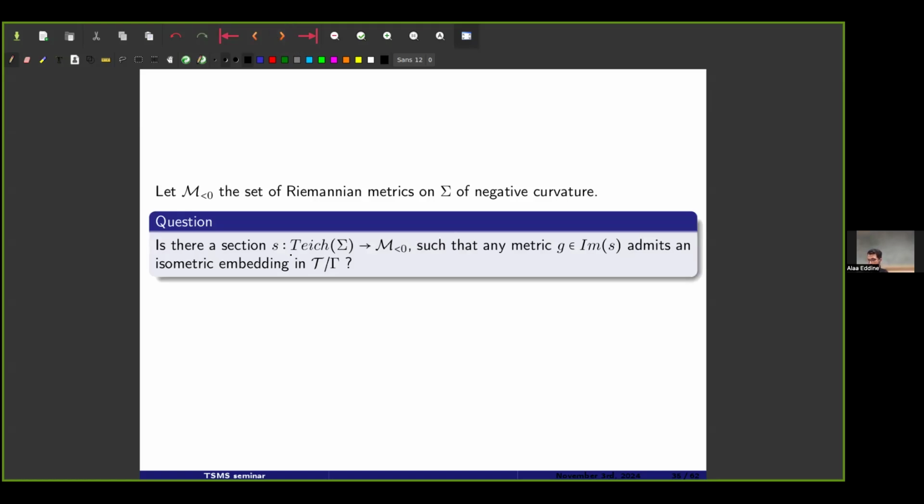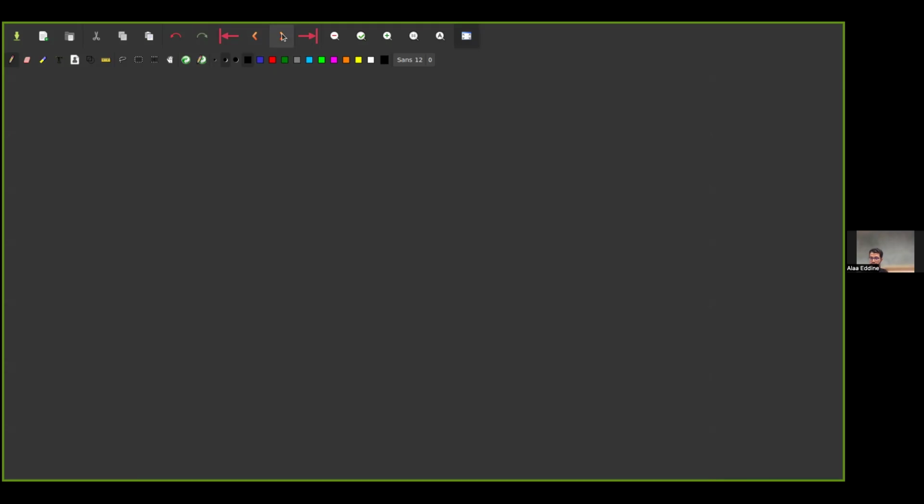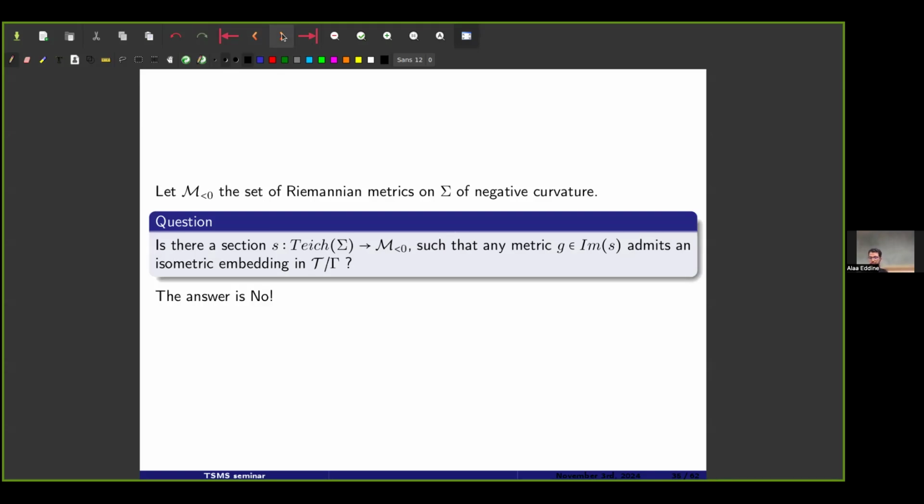Can we find a section from the Teichmüller space into the negatively curved metrics on sigma, such that any metric in the image admits an isometric embedding? This space is huge, but it turns out that the answer is still no. We cannot do this. So I think I will stop here and explain more in the second part.